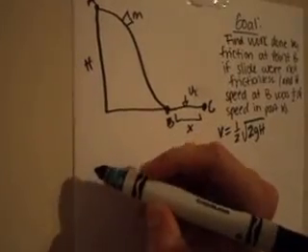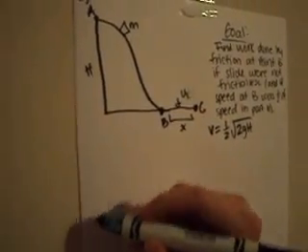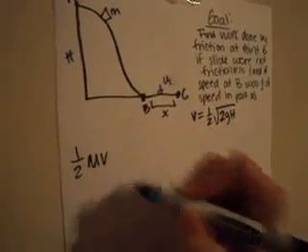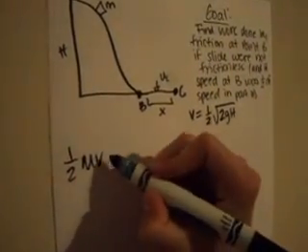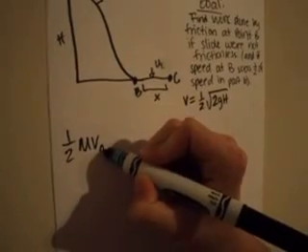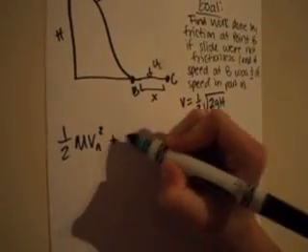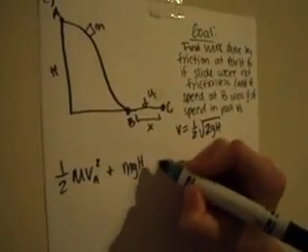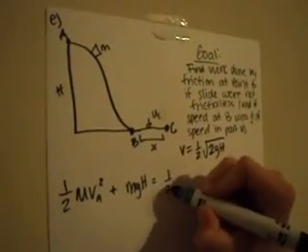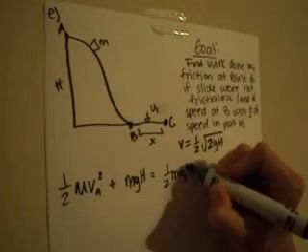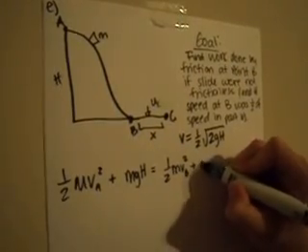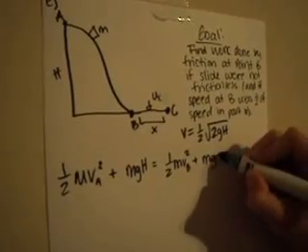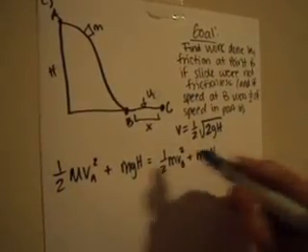You're going to have the kinetic energy at point A, and since we've done a lot of equations, I'm just going to go ahead and write the 1/2 mv squared, because by now we know that that's kinetic energy. So 1/2 mv squared of the velocity at point A plus the potential energy at point A, the height is h, is going to equal the kinetic energy at point B plus the potential energy at point B. And there's no potential energy, so it doesn't really matter if I put h or y here because there's no height.